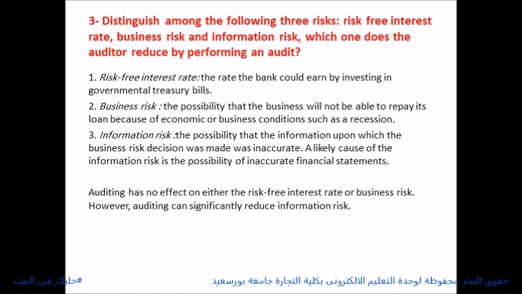The possibility that the business will not be able to repay its loans because of economic or business conditions, such as a recession. Number 3. Information risk. The possibility that the information upon which the business risk decision was made was inaccurate. A likely cause of the information risk is the possibility of inaccurate financial statements.